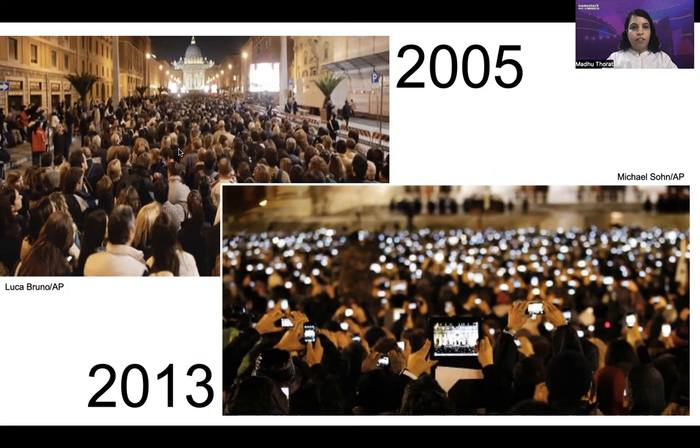In the second picture, you may notice that people are holding mobile phones or tablets in their hands and taking images and videos. These two pictures show how rapidly the technology landscape has changed over a few years. In fact, it looks like there has been a lifetime of technology changes in just 8 years.